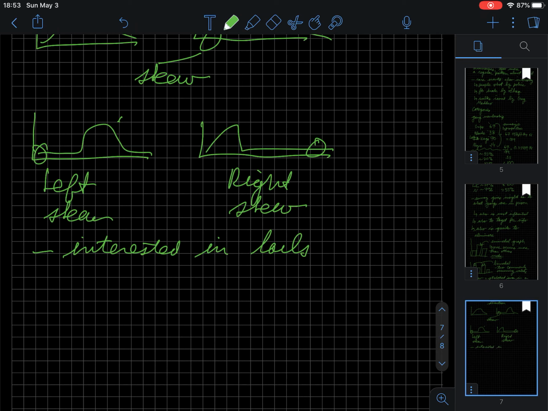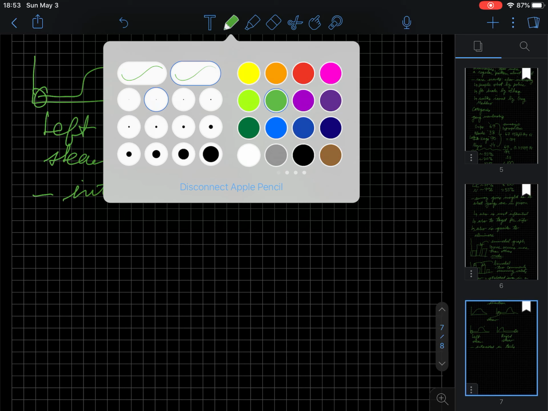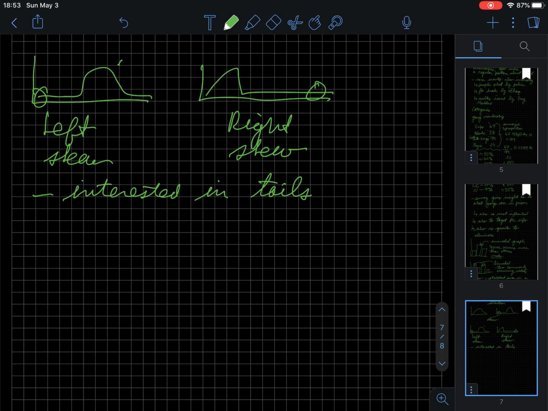So we're interested in the tails of the graph, right? And this has importance because this affects the center of the data.